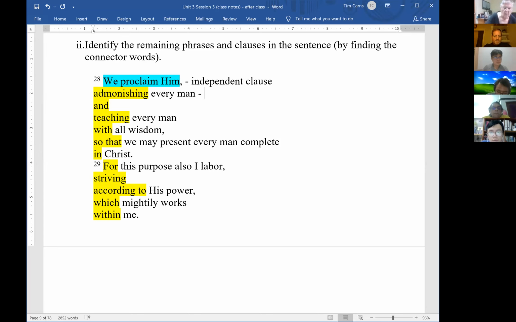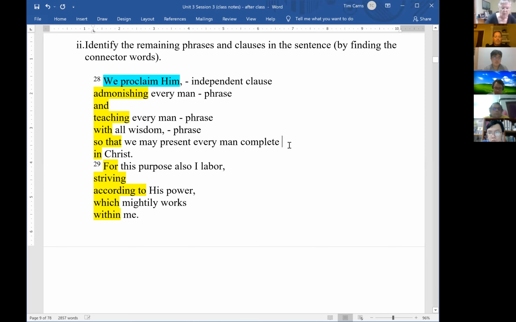Phrase. Yes. There's a verbal, but it's not a regular verb, and there's no subject, so it's a phrase. What about teaching every man? Phrase. Good. With all wisdom? Is another phrase. Yes, no verb there.